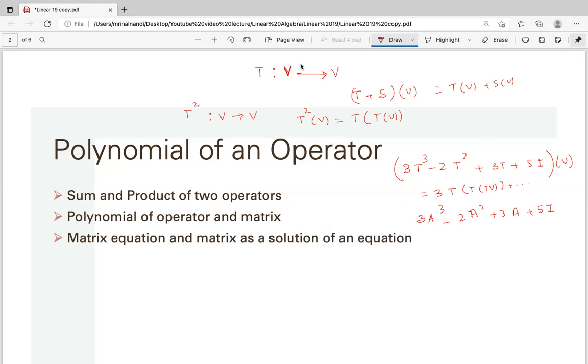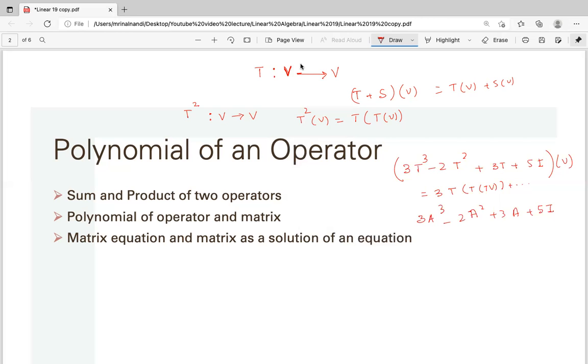If V is an n dimensional vector space, then for every n cross n matrix there is a corresponding linear operator, and for every linear operator there is a corresponding n cross n matrix. If you fix the ordered basis for V, then the linear operator uniquely represents some matrix, and the matrix has a unique representation of the transformation.